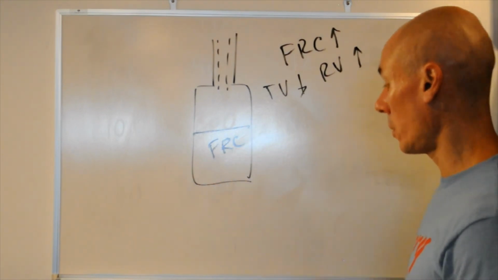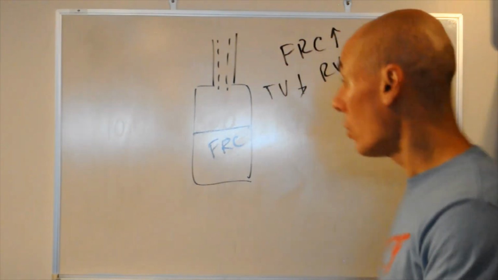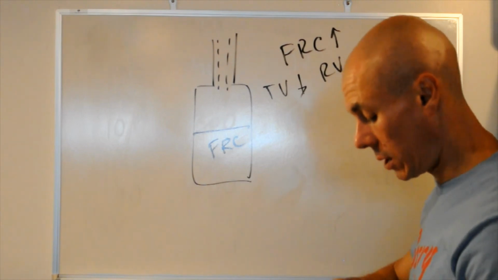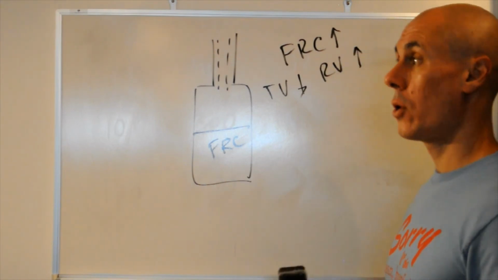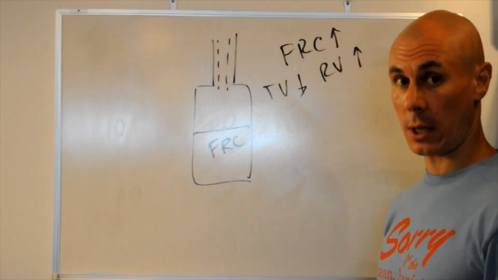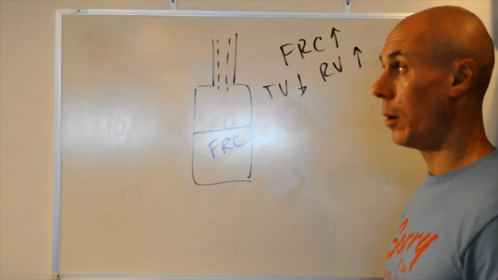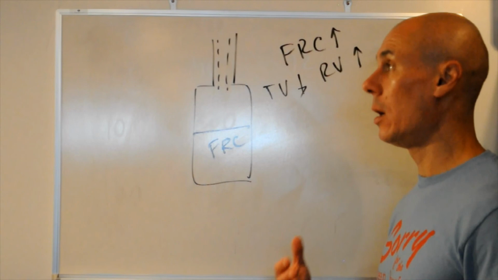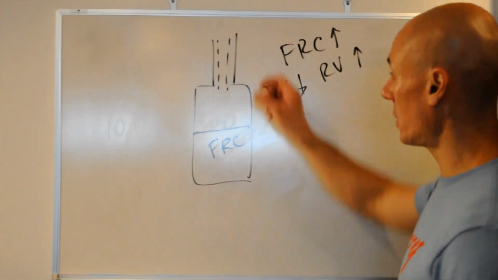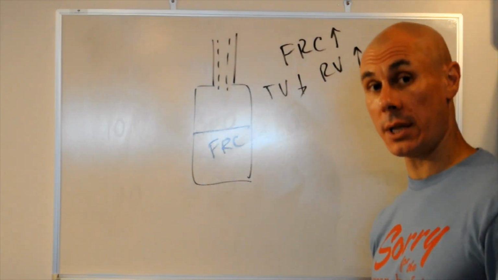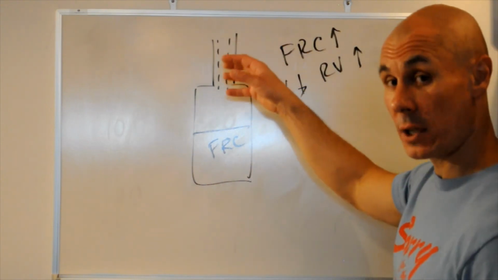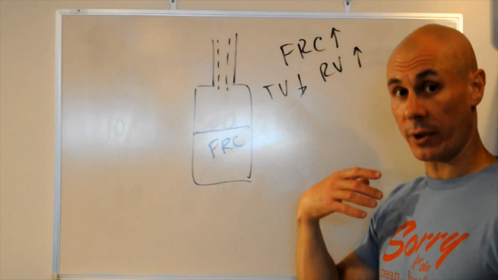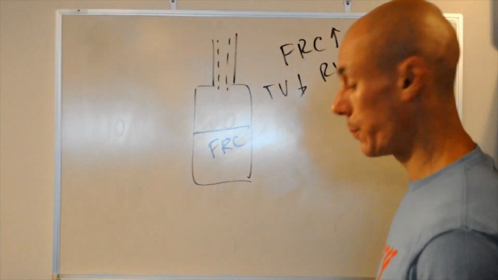Okay, so those are few things that are characteristic of the obstructive disease. Also, you can measure the flow rate. You can measure how much air you exhale, how fast you exhale the air. Obviously, if the road will narrow down, there will be traffic jam, and your respiratory flow will decrease.